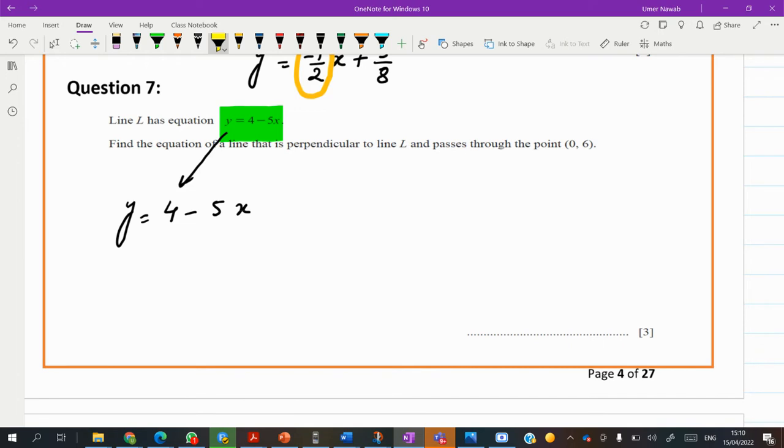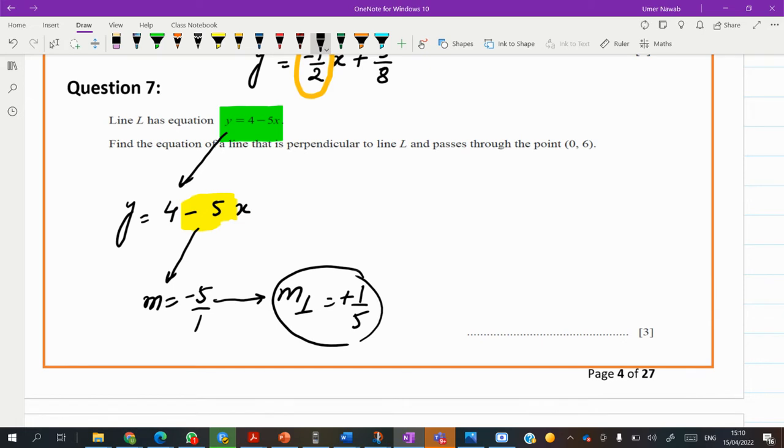My friends, any number which is written as the coefficient of x, with the y coefficient being 1, qualifies as the gradient. So the x coefficient is called the gradient. So the gradient of this line is negative 5. I want to write the perpendicular gradient. So this is minus 5 over 1, I will write plus 1 over 5. So this is the gradient of a perpendicular line.